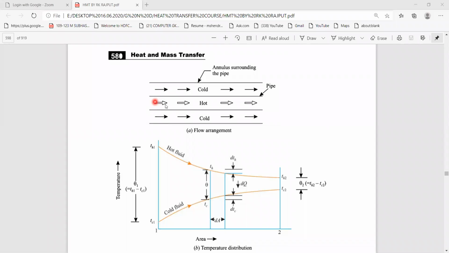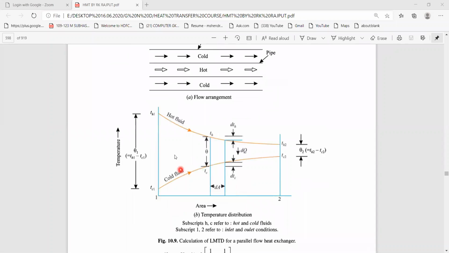So the hot fluid is flowing through the innermost pipe and the cold fluid is flowing through the surrounding annulus. Now this is the temperature distribution curve for the parallel flow heat exchanger.